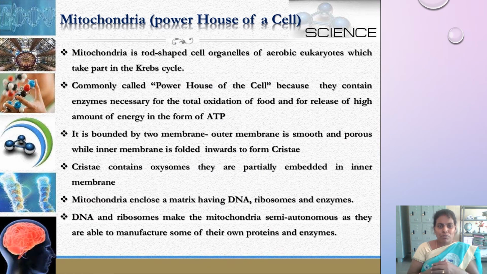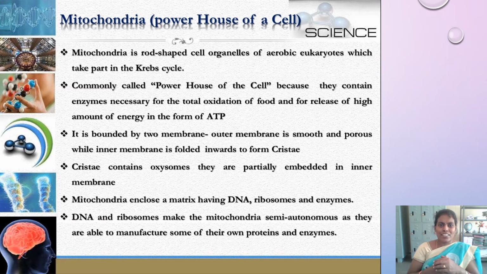Let us know about one more important cell organelle, that is mitochondria. Mitochondria is also called the powerhouse of a cell. Why is it called the powerhouse of a cell? The energy required for various chemical activities needed for the survival of life is released by the mitochondria only.